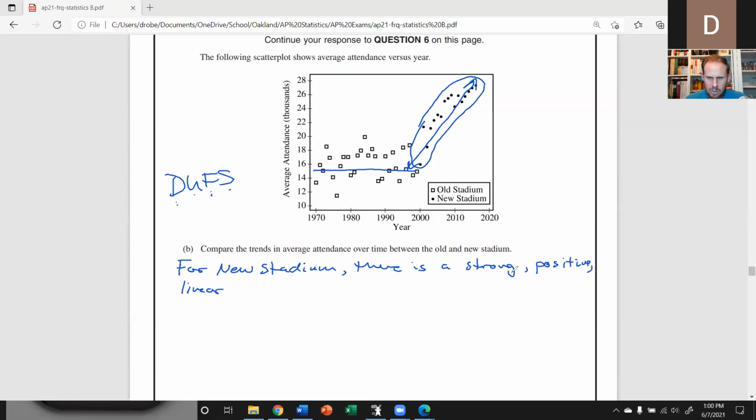There we go. The strong, positive, linear relationship between year and attendance.